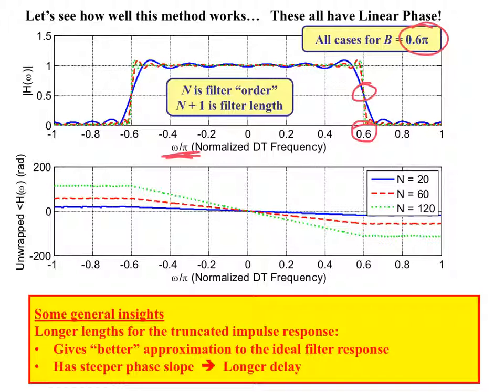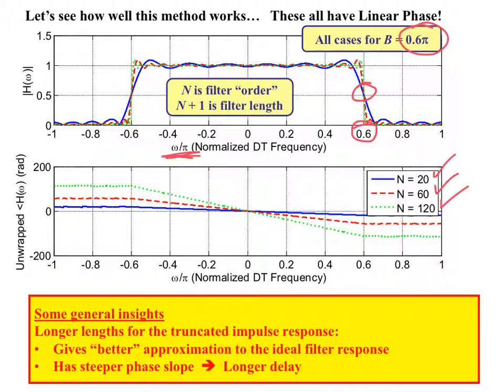So you might have to go through a little bit of iterative design here. Anyway, we're looking at 3 different cases here. A blue curve, a red curve, and a green curve. So the blue curve is for an order 20, length 21. Red curve is for a length 61, and the green curve is for a length 121.